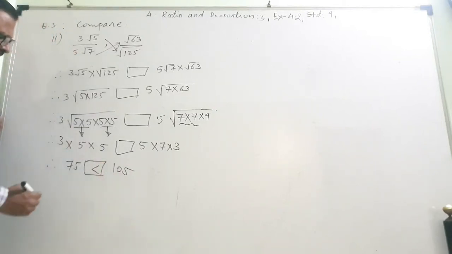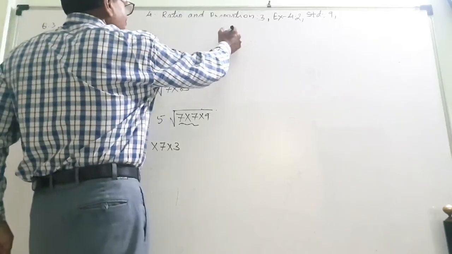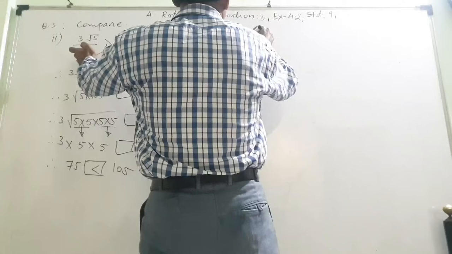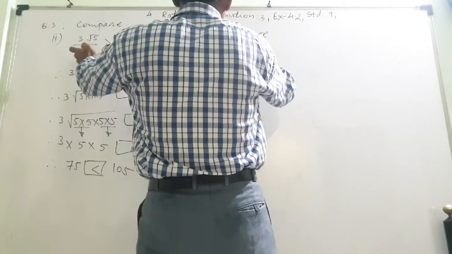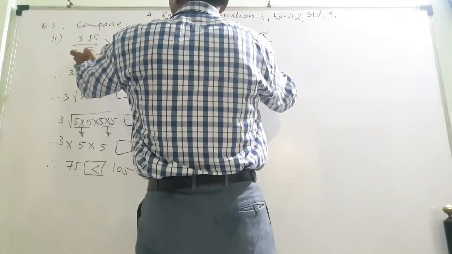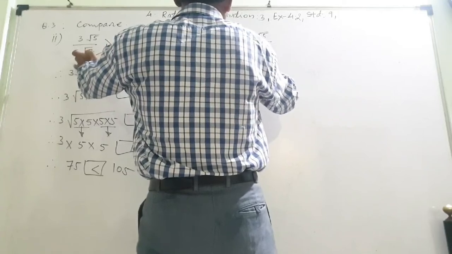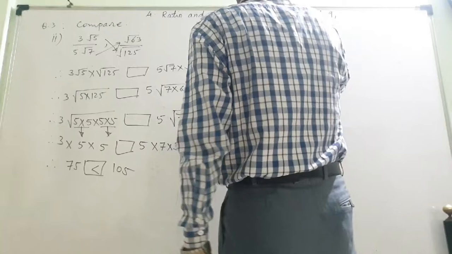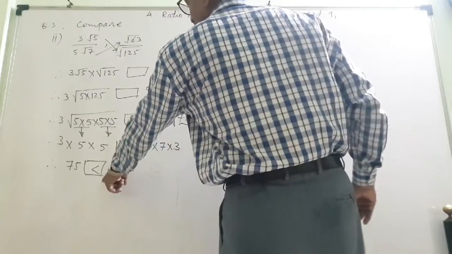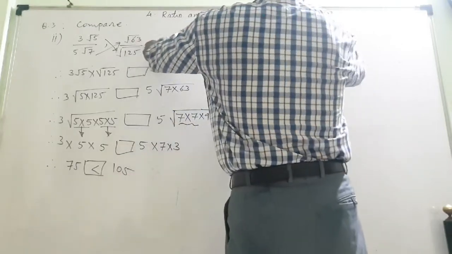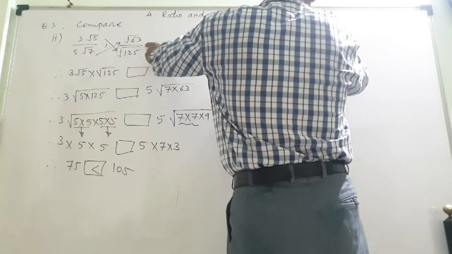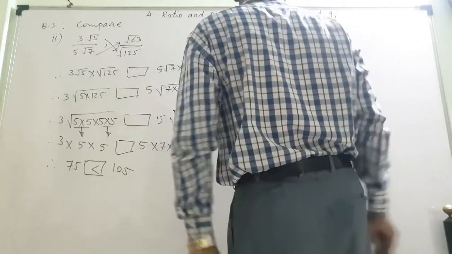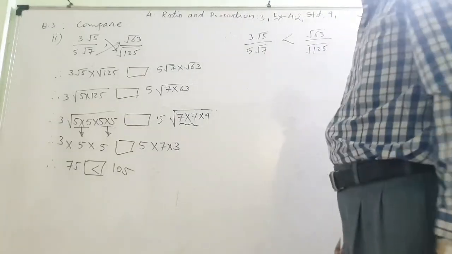Therefore, the last step will be: 3 root 5 upon 5 root 7 is less than root 63 upon root 125. So this way you can do it.